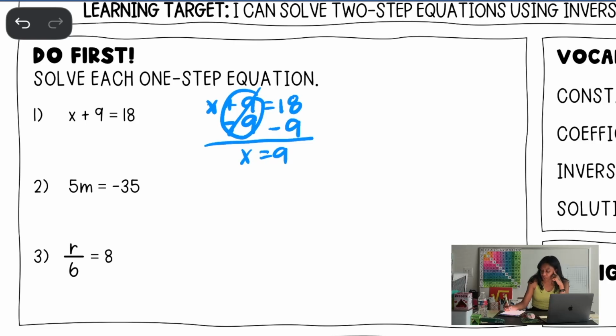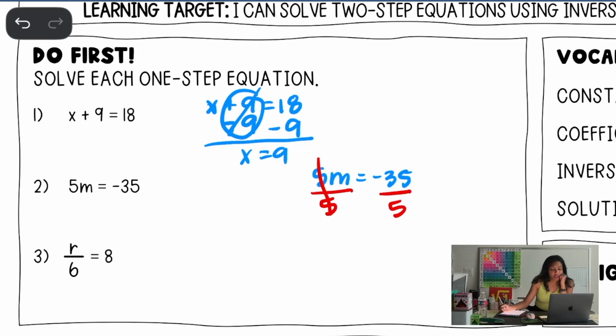Our next one is 5m equals negative 35. This time we are multiplying our coefficient and our variable, so we need to divide. I actually should be using different colors to make that a little easier for you to visualize. 5m divided by 5 is going to be 1m, or just m. And then I have a negative divided by a positive.